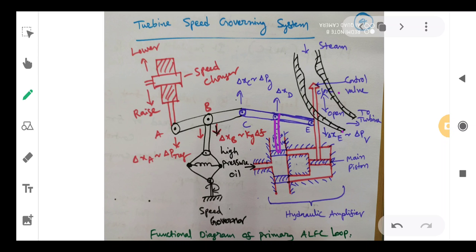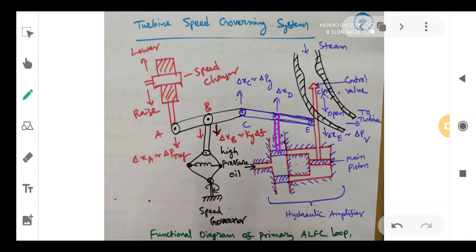Coming to the next point, when the frequency increases, the flyball movement is outwards. Frequency increases in the sense that the load on the system has decreased. When the frequency is increased, the power generation must be decreased to balance the load, so that the frequency can be controlled.